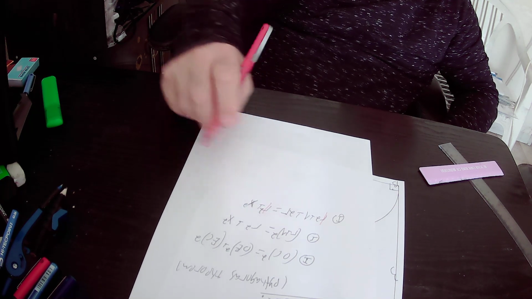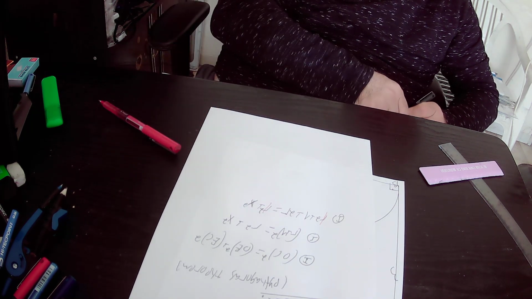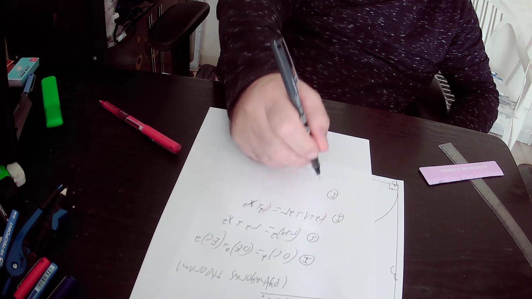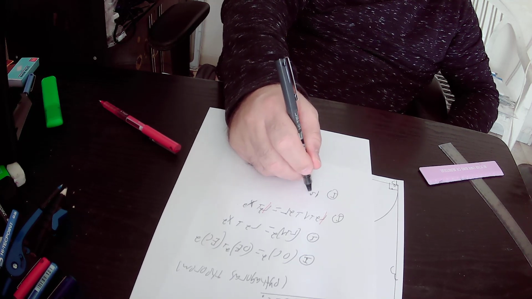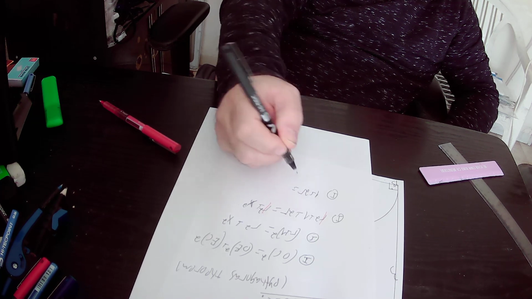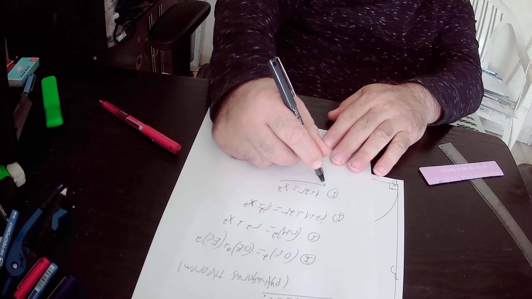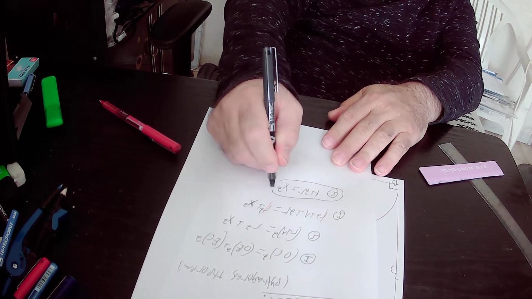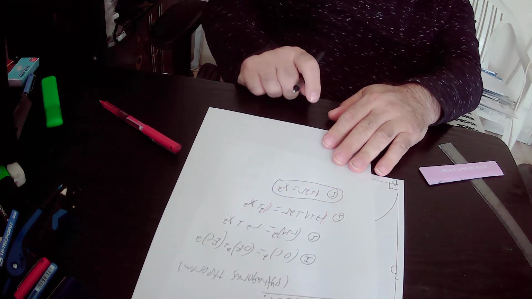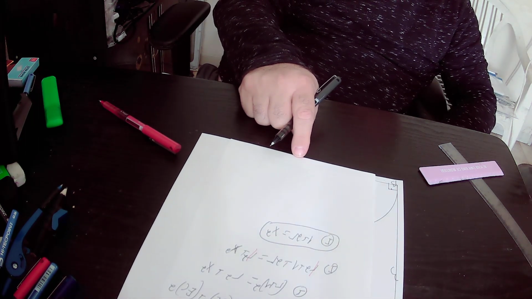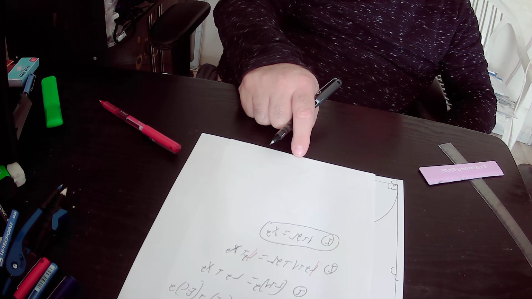What is left is 1 plus 2R equals x square. So we found that according to equation number 1, 1 plus 2R equals x square.